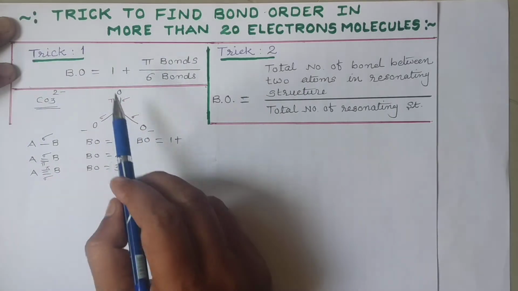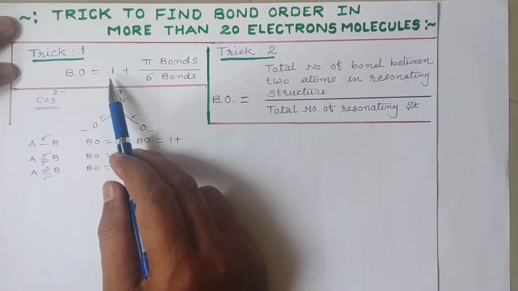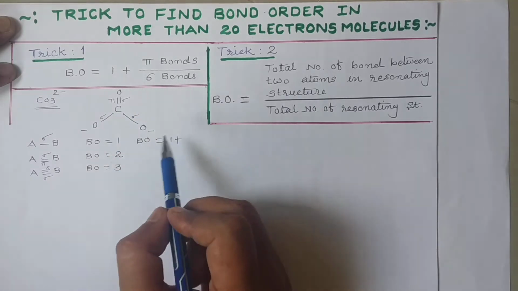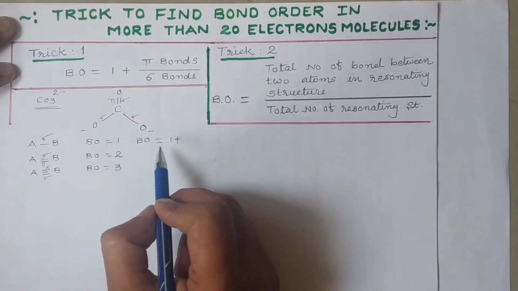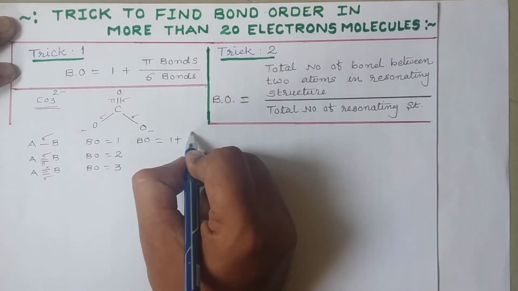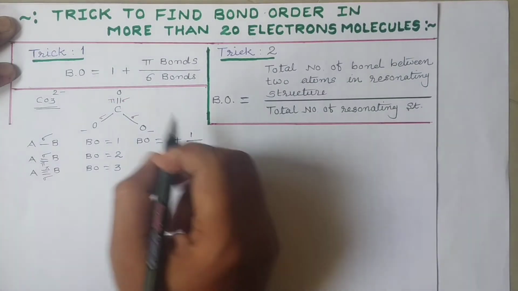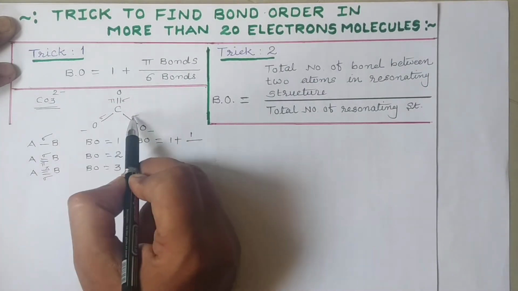So according to our trick 1, bond order is equal to 1 plus pi bond upon sigma bond. So in CO3 2 minus, 1 plus total number of pi bonds, that is 1, upon total number of sigma bonds, that is 1, 2 and 3.